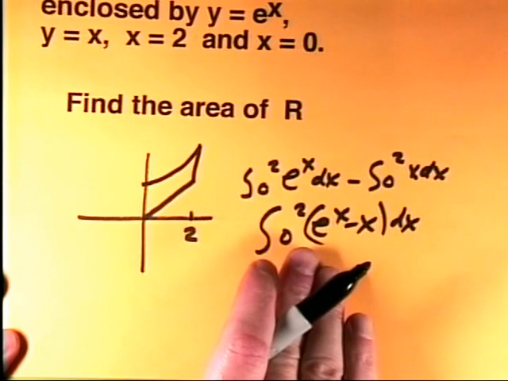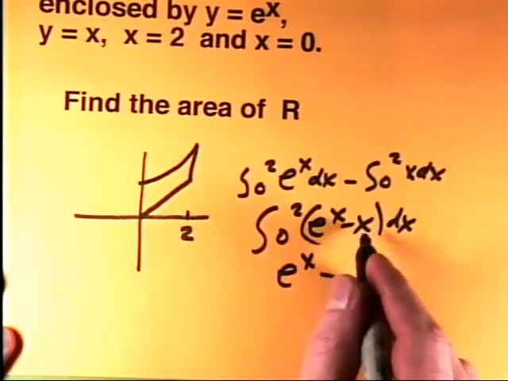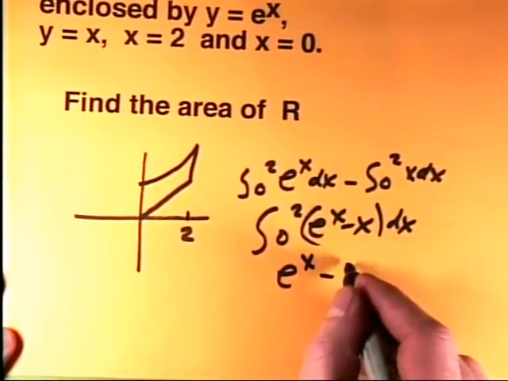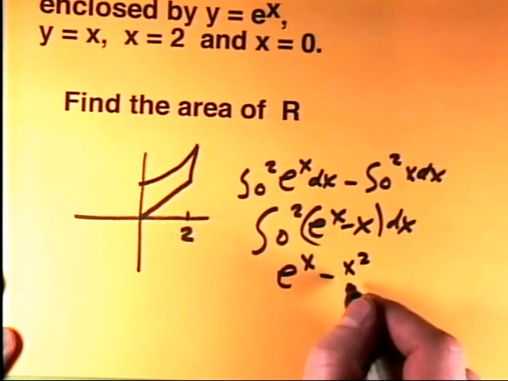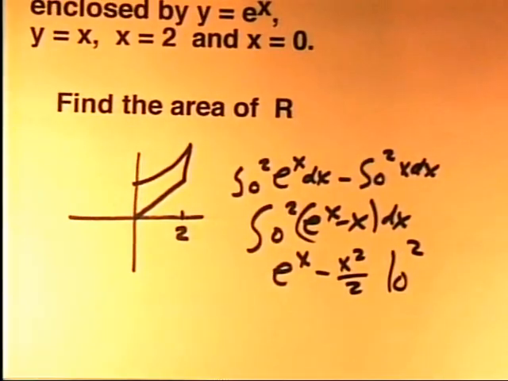Integral of e to the x is what? It's e to the x. And what's the integral of x? x squared over 2. Right. And so you just take that from 0 to 2. What would the final answer be?